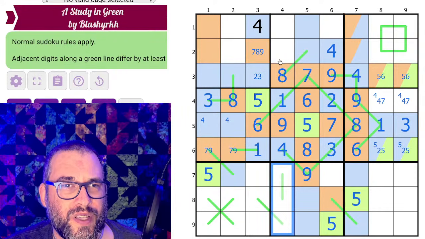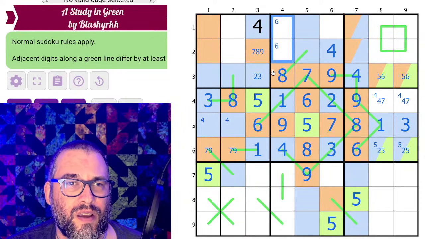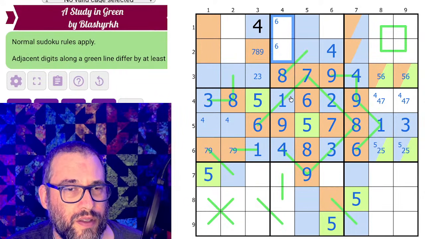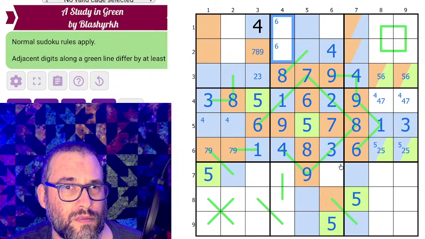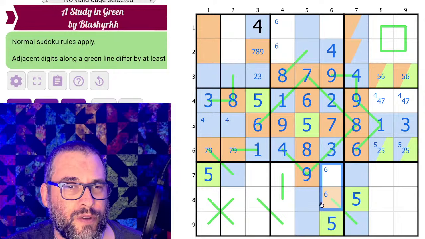None of these can be 6, so 6 is up here in this column. So one of these is 6.